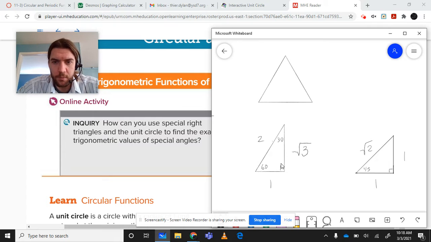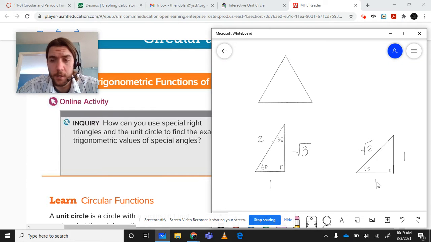The second special angle is the 45-degree angle. When you have a 45-degree angle in a right triangle, the other angle that is not the 90 will also be 45, so they all add up to 180. And if those two angles are the same, then we will get two side lengths that are the same here and here.